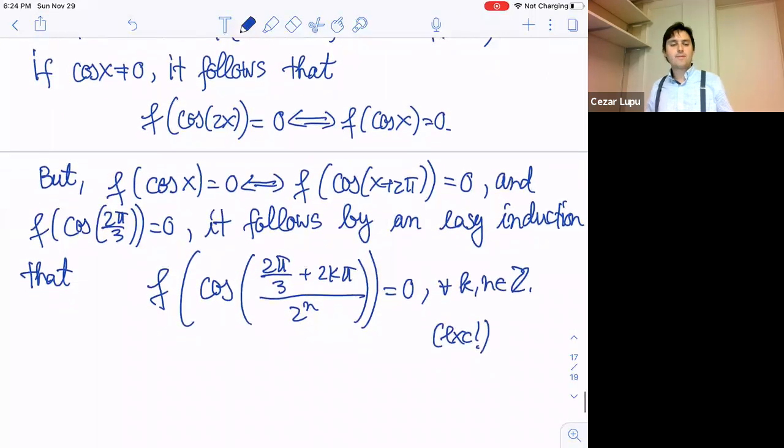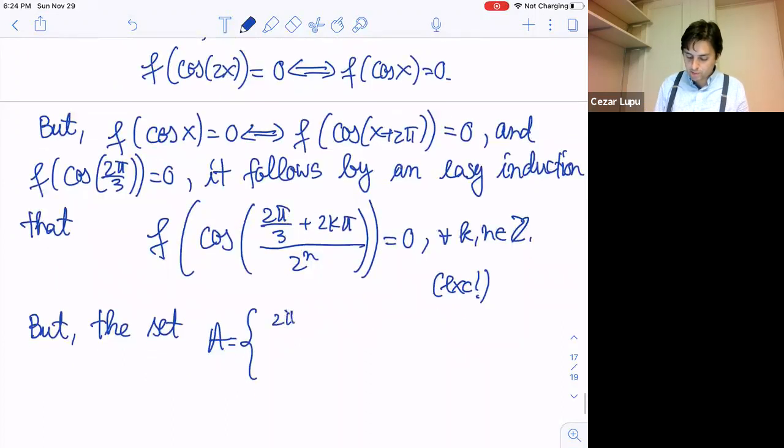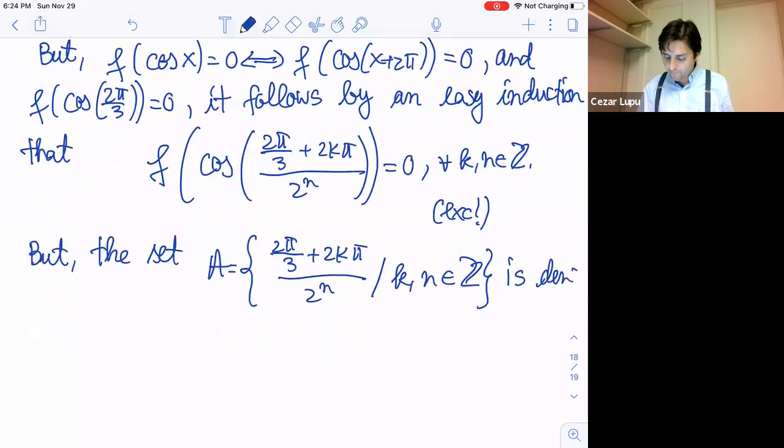But now the set, and let's denote the set in the following way, A is 2 pi over 3 plus 2k pi over 2 to the n, with k and n integers. One can prove that this set is dense in the interval -1, 1.